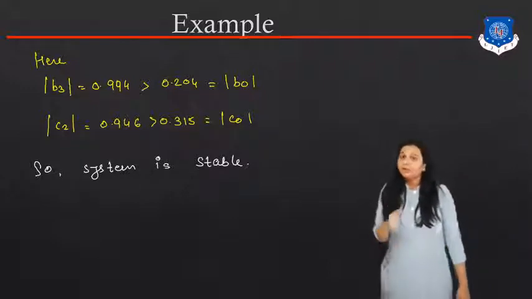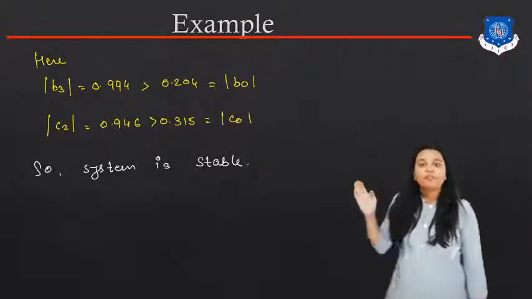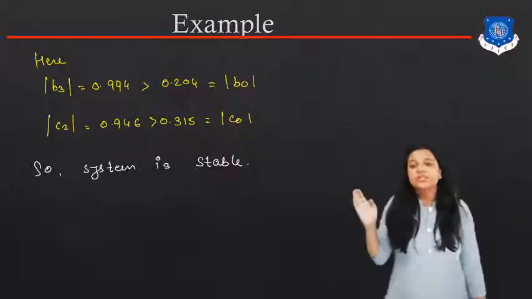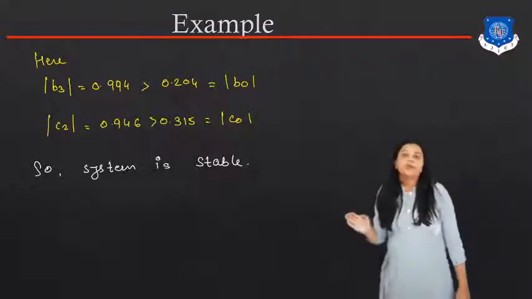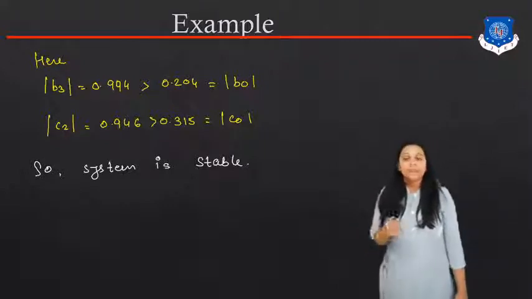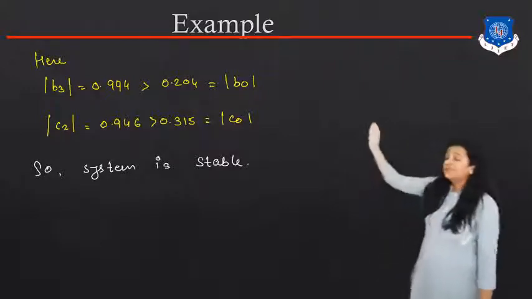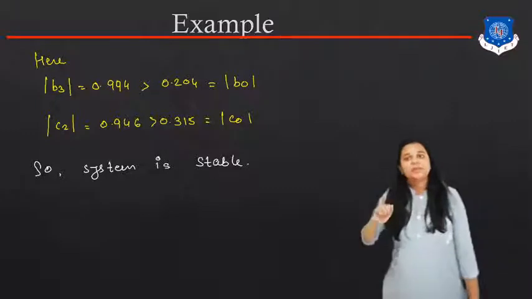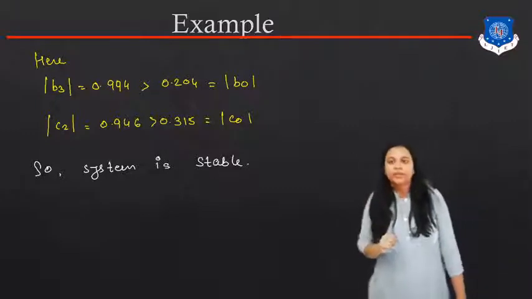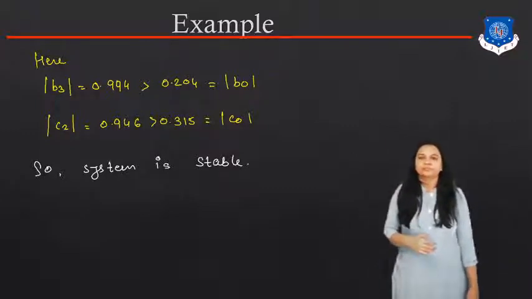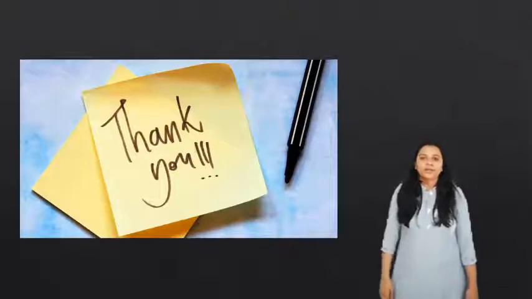If any of the conditions is not satisfied in this Jury stability test, that type of system becomes an unstable system. If we get mod of B3 less than mod of B0, the system becomes unstable. Clear? Thank you everyone.